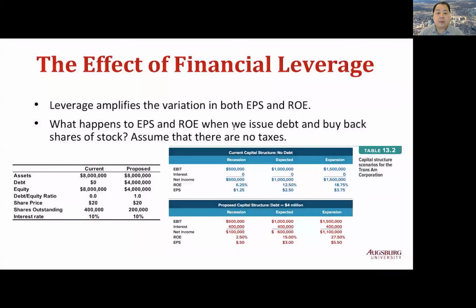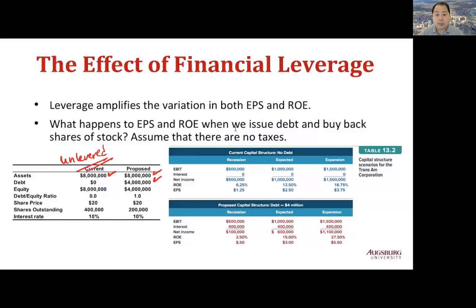This is an example of capital restructuring. Suppose a firm does not currently have any leverage, called an unlevered firm. The firm plans to increase leverage by borrowing half of the assets, here $4 million, and buy back $4 million of stock. So total assets remain the same, $8 million.